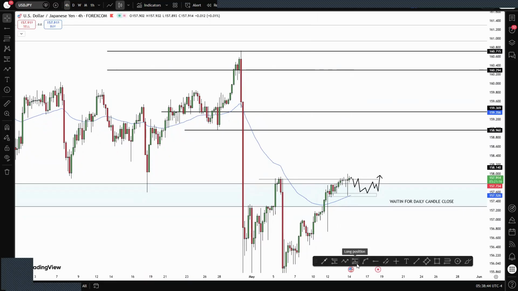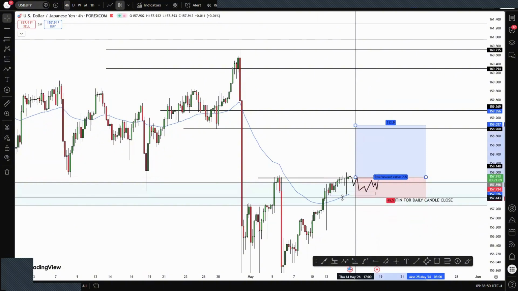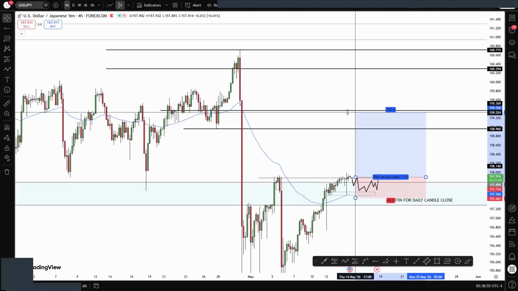Because let's just say it gives you a retest and an entry and you put your stop right below here, and you take profit around this level, you've already hit your stop loss, you take your 1 to 3. Or if you put your stop right above here, you've already hit your 1 to 5 or 1 to 6.